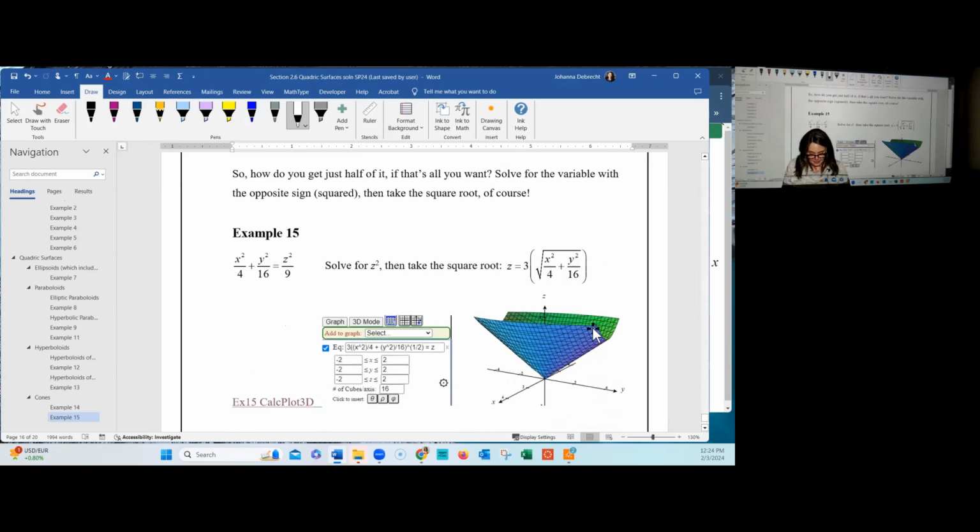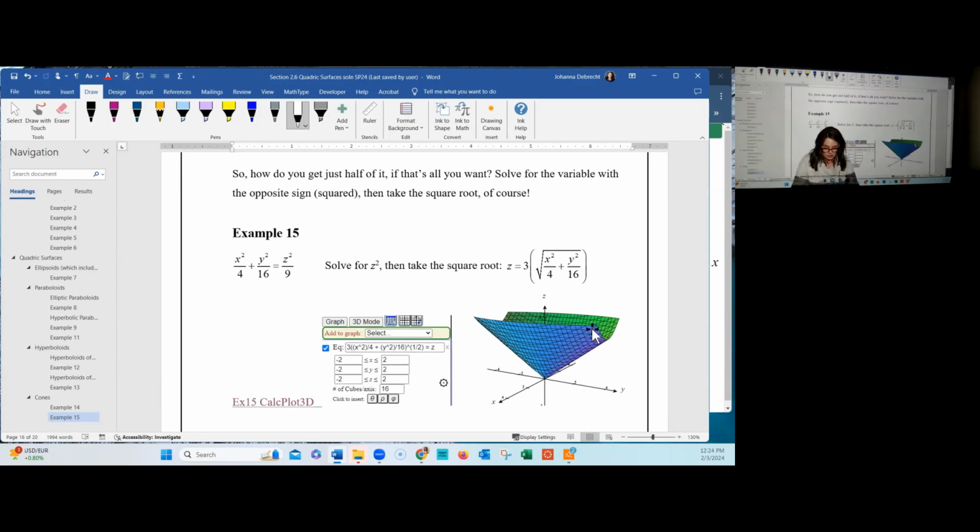Right? So here's an example of one where I took a double napped cone equation right here. I solved it for z squared and then took the square root, the positive square root, because it's symmetric about z. If I take the positive square root, it'll be opening up. If I had taken the negative square root, it would open down.